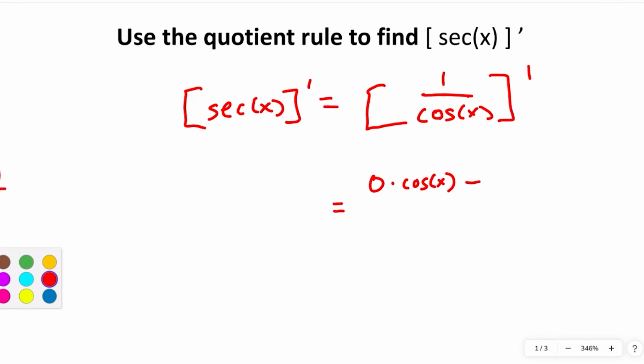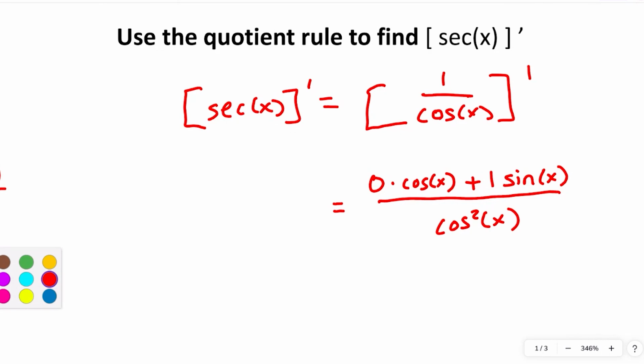Minus the top, which is 1, times the derivative of the bottom, which is negative sine. So this is going to turn into plus 1 sine x, all over cosine squared.